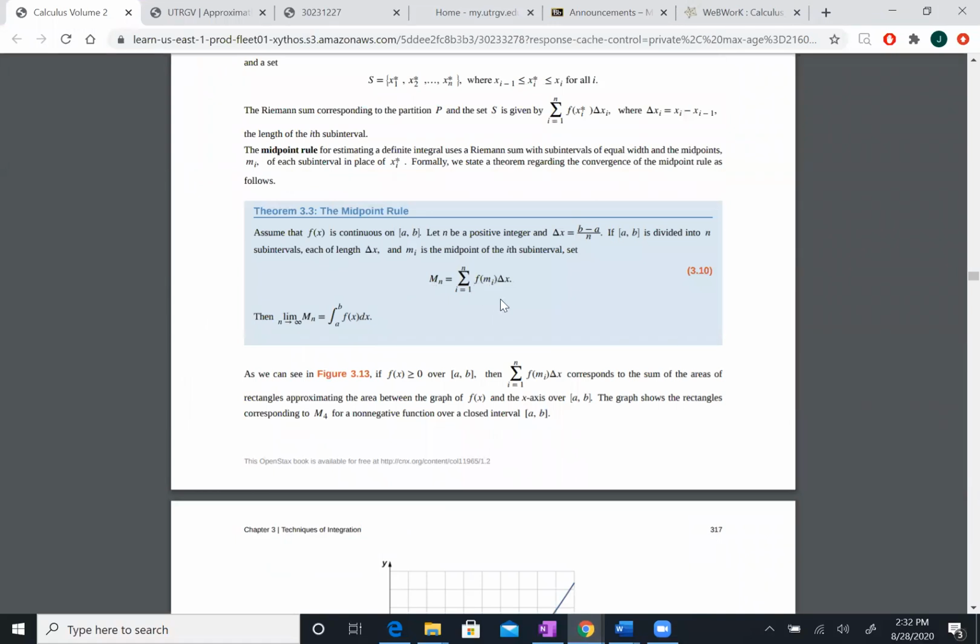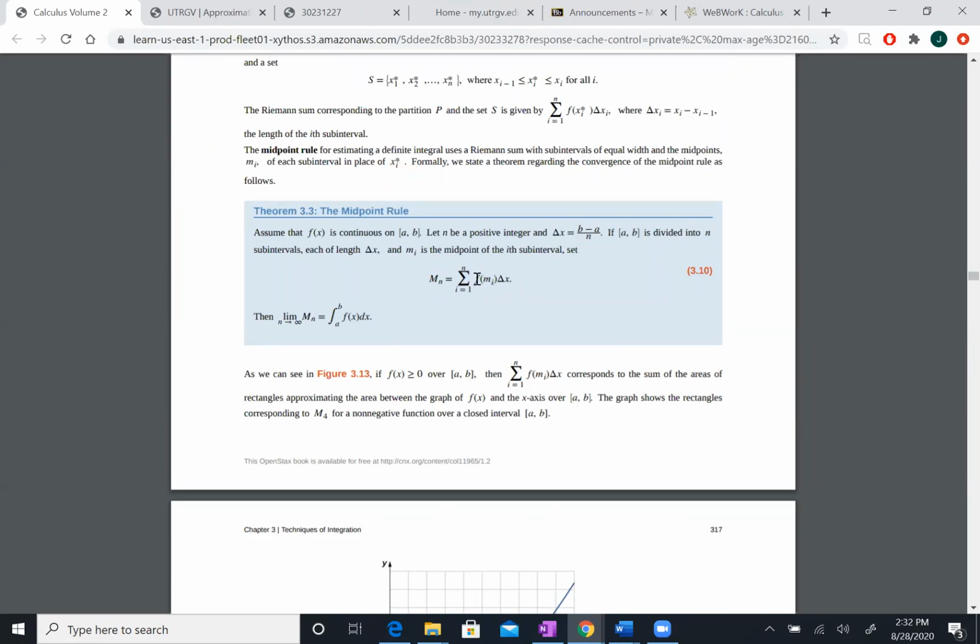You see, delta x is my 1/5 because it's b minus a divided by n. So I had 1 minus 0 divided by 5, right? So this delta x is 1/5. And this is f of m sub i. m sub i is my middle point.